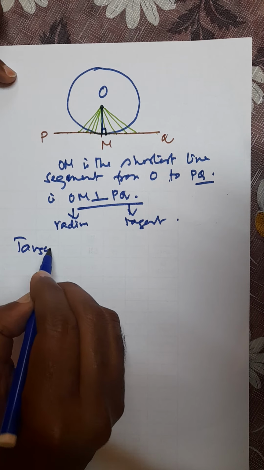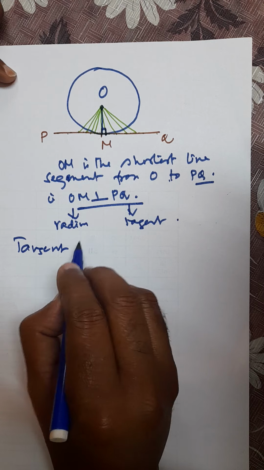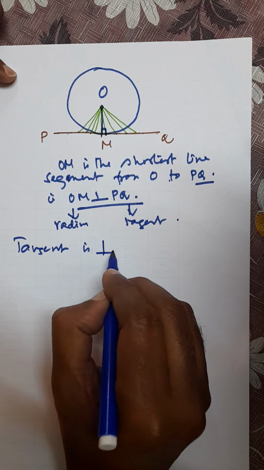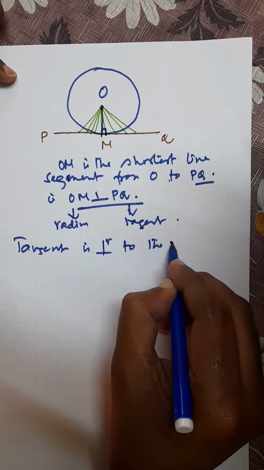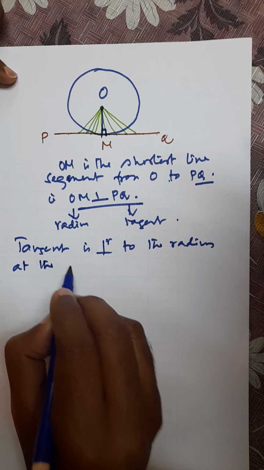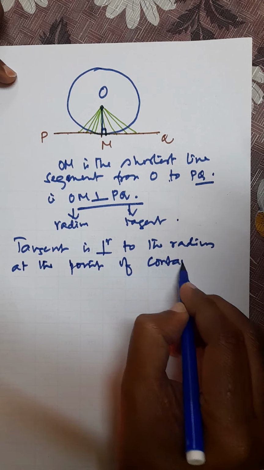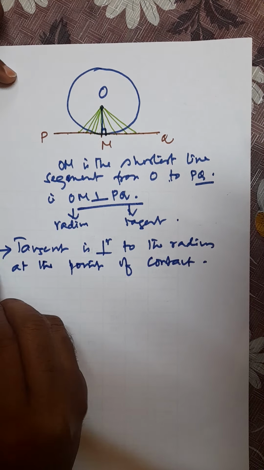Tangent is perpendicular to the radius at the point of contact. This is the point you have to remember.